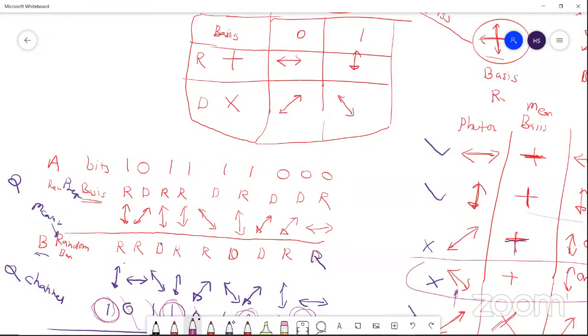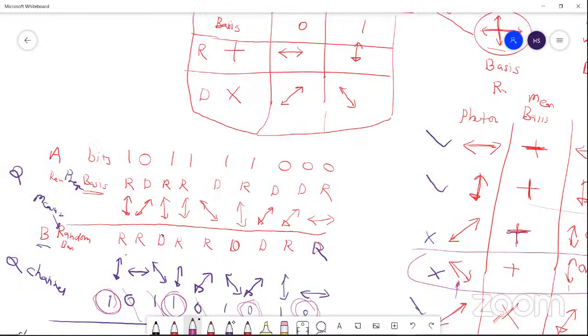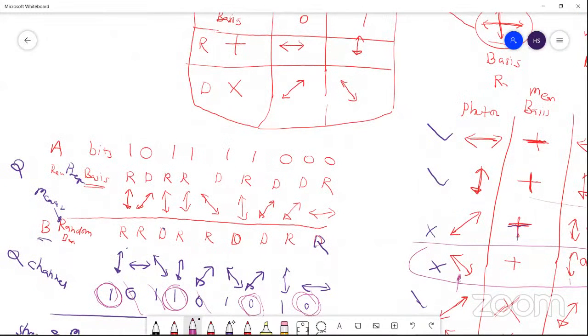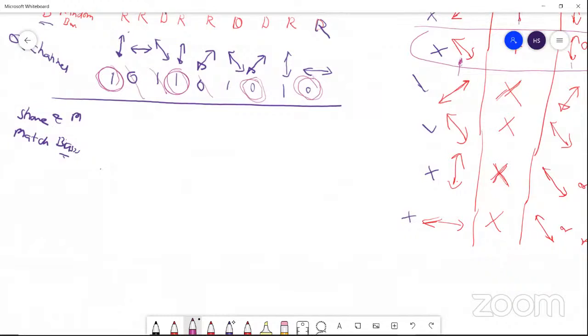So there are two bases. Whatever bit string you need to send, you choose a random basis and prepare the photon according to this table and send. At the receiver side, Bob also chooses a random basis. So there is a 50% chance that their basis will match, and whenever the basis matches, they will keep the information for their key, otherwise discard.